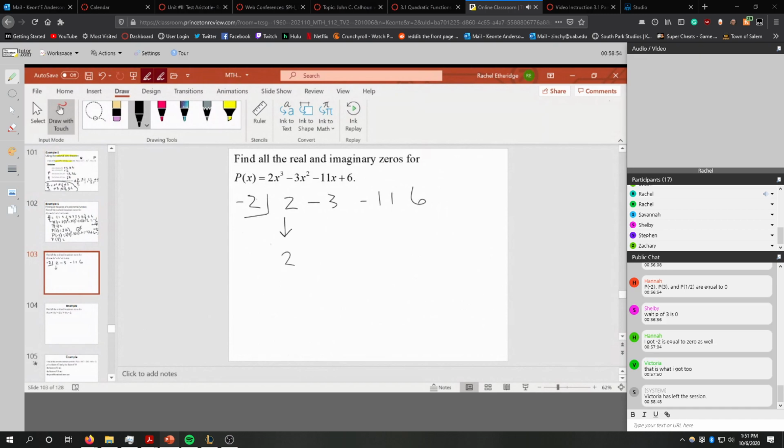So I'm going to bring down the 2, the first number there, and then I'm going to start multiplying. And I already know I'm supposed to get a remainder of 0. So if I don't, that means I did something wrong.